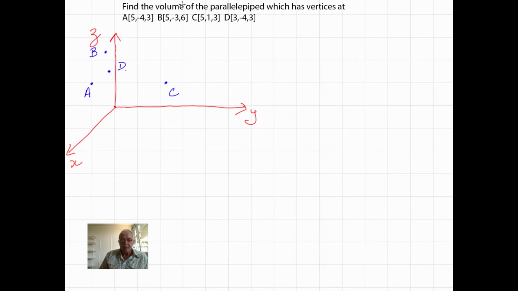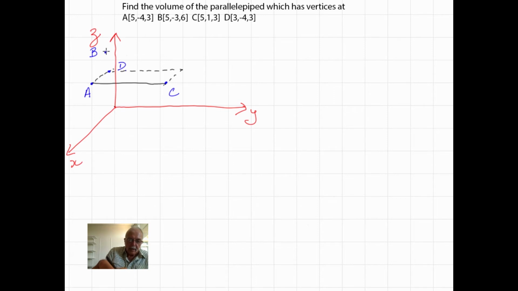Now these form the vertices, which are the corners of this parallelepiped. So we can now draw in the sides. AC and AD form two sides of the parallelogram which forms the base. So this will be the base of my parallelepiped. AD can be repeated over there, and AC can be repeated up there, and we have a parallelogram.